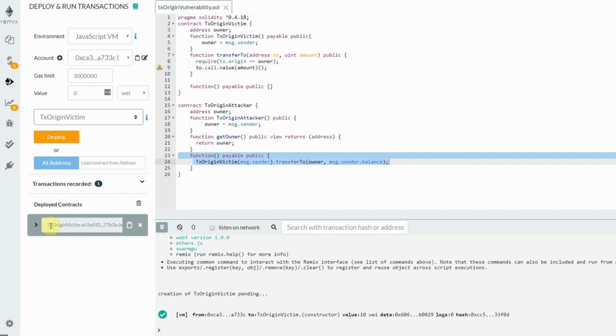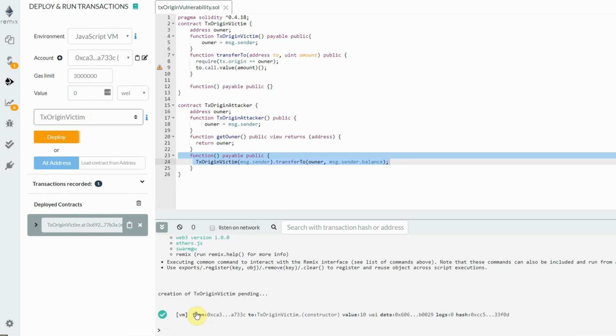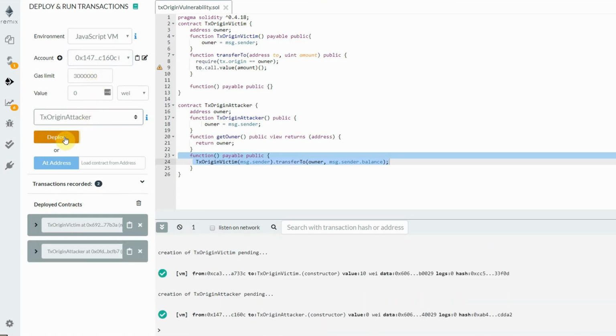We can see that this contract was successfully deployed. We can see the green mark indicating the transaction has been processed, and we can see the deployed contract right here with this address. Now we will use another wallet to deploy the attacker contract. Again, we can see that this contract has been successfully deployed.